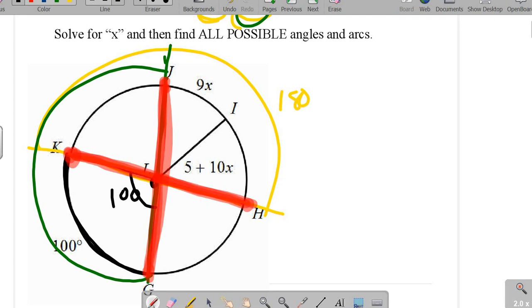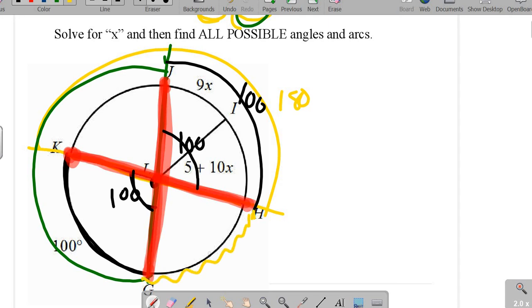Can you feel that? That, my friends, is a vertical angle, which makes this 100, which makes this arc right here 100, which if you keep tracing from here to here because of the 180, that makes this 80, that 80, vertical angles again, 80, 80. Look at all that information you're given.